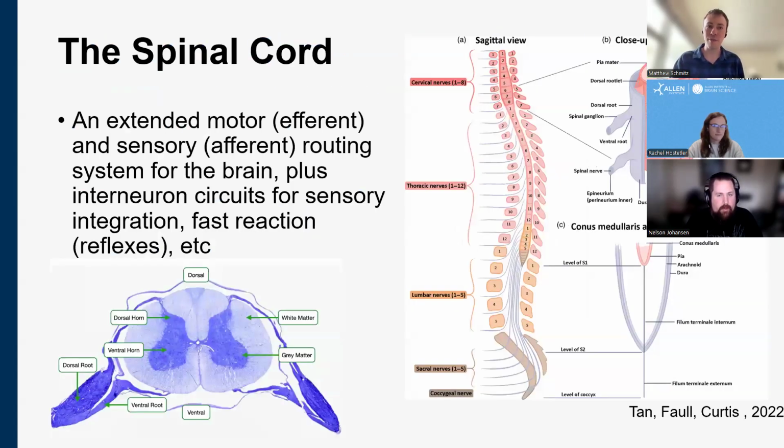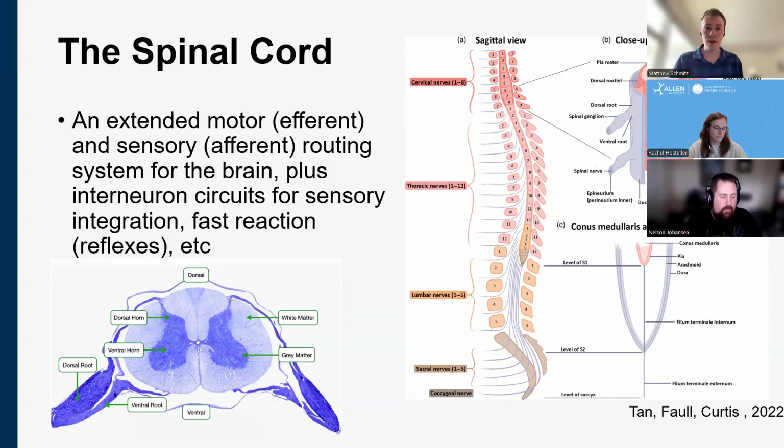Today we'll be talking about the spinal cord, which is this wonderful extended motor, referred to as efferent, and sensory afferent routing system for the brain, which includes a bunch of interneuron circuits, which do sensory integration and make a compressed signal that gets sent from your body to your brain, and also enables things like your reflexes.